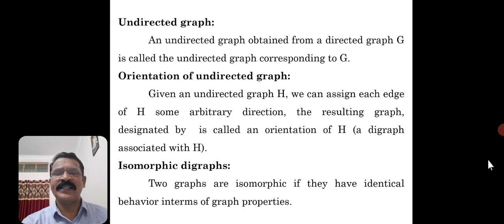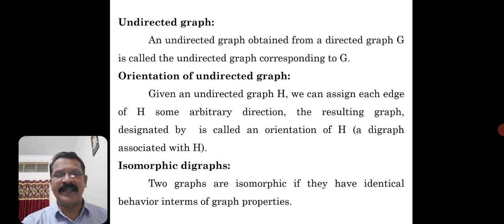What is the orientation of an undirected graph? Given an undirected graph H, which we got from the digraph D, we can assign each edge of H some arbitrary direction. The resulting graph is called an orientation of H. See, D is the digraph and H is obtained from D, which is an undirected graph.